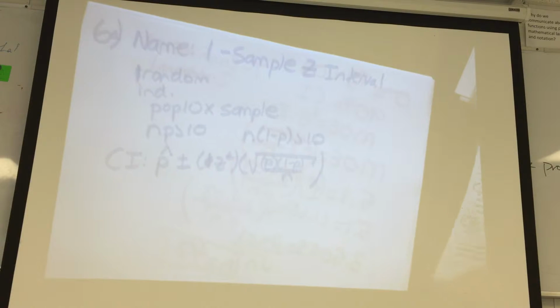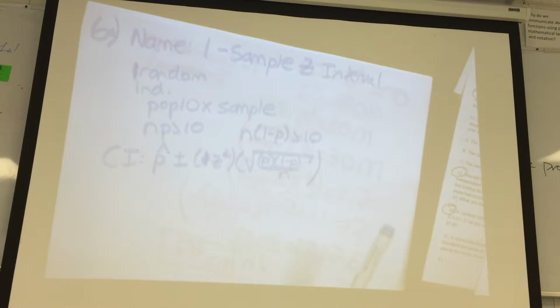Most people did this, filled out their answers correctly, and got the following as their interval. Let me tell you what the majority of you were able to get, which was good. Unfortunately, our success largely ended there.